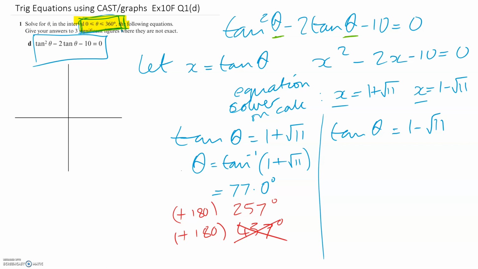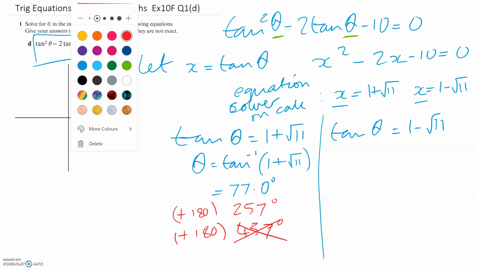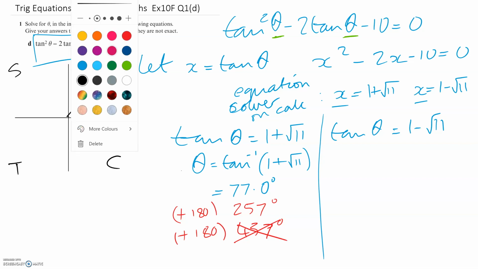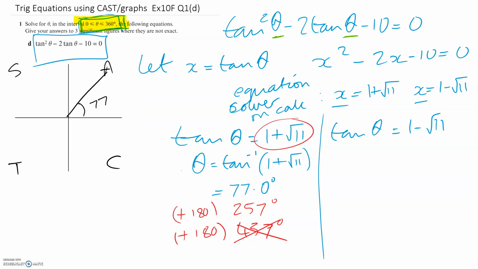You might be wondering, well, what if we did use the cast diagram? What would that look like? It would still work. It's just you don't need to use it. So I'll do it over here. SATC. We would have 77 degrees over here. Where is tan positive? Because this here is positive. Tan would be positive here, and tan would be positive here.